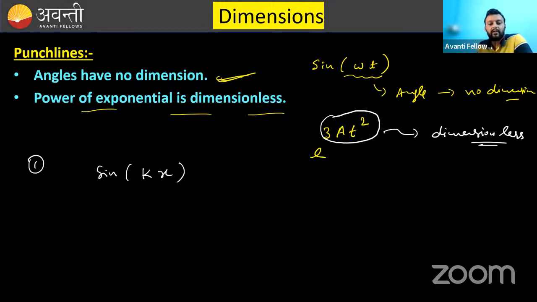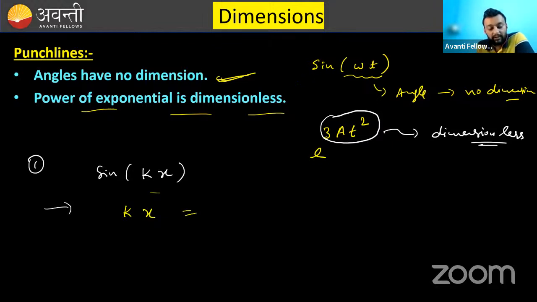They will give you this term and say that x is the length. Then find the dimension of k. X is the length, then find the dimension of k. So what we have learned is that the angle has no dimension. That means the dimension of kx is 0.